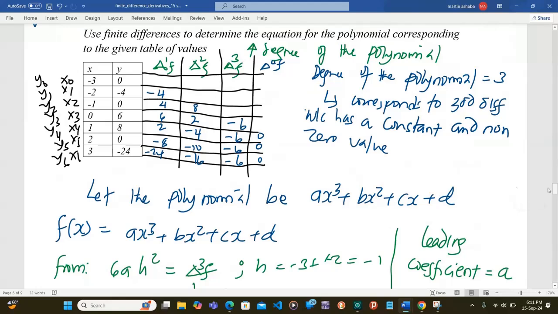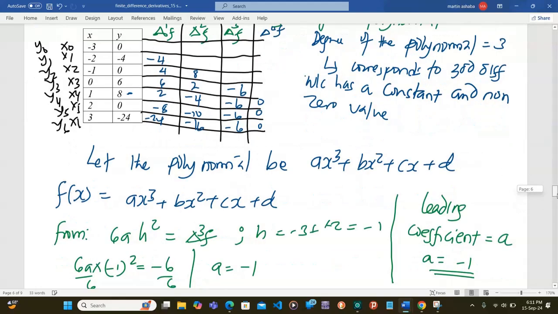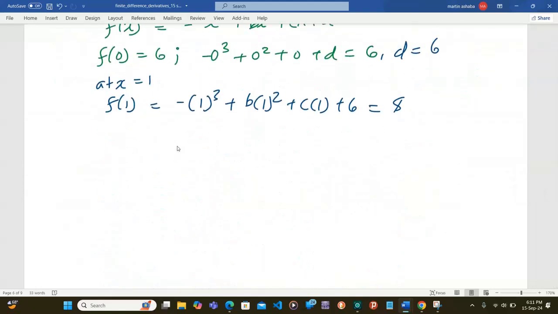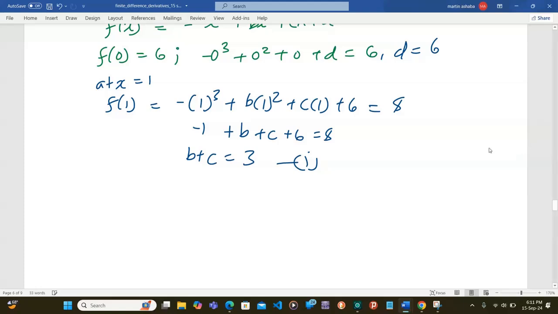So this becomes -1 plus b plus c plus 6, which is equal to 8. Therefore b plus c will equal 9 minus 6, which is equal to 3. I can call that equation 1.